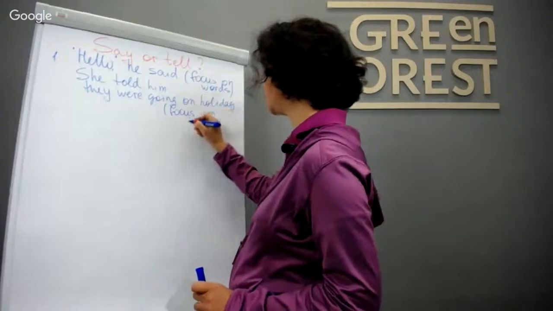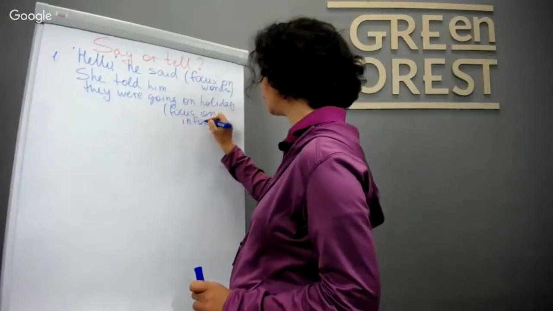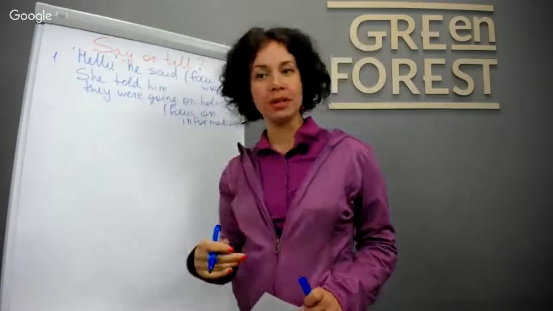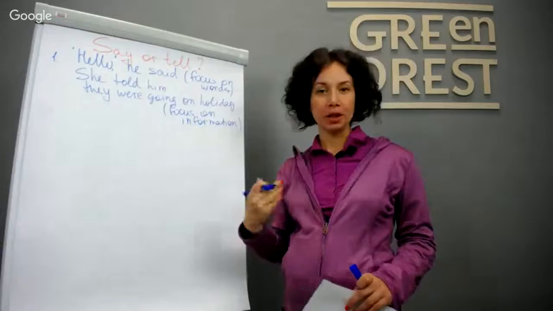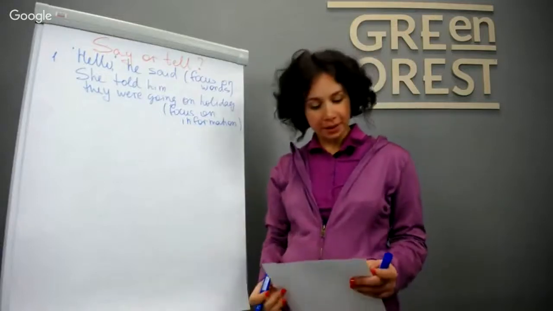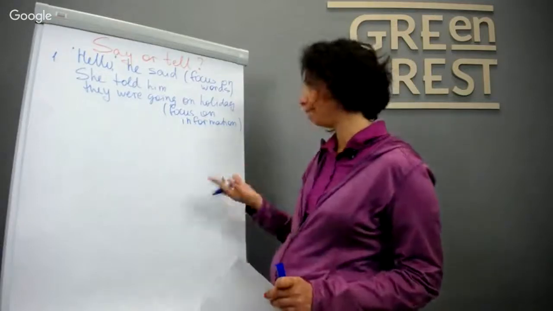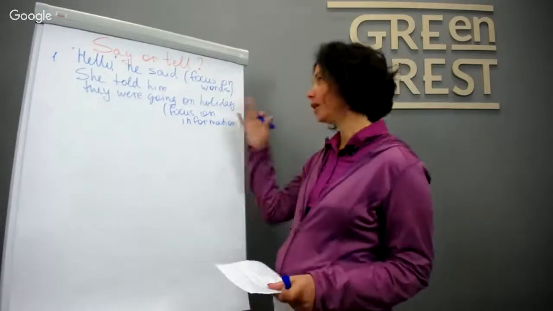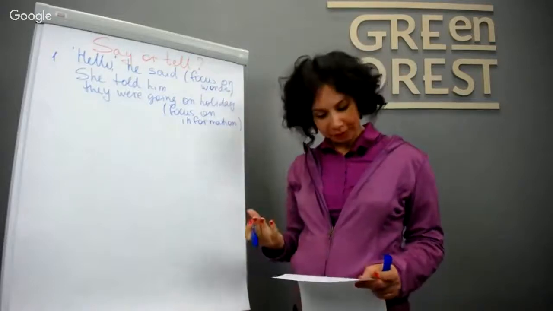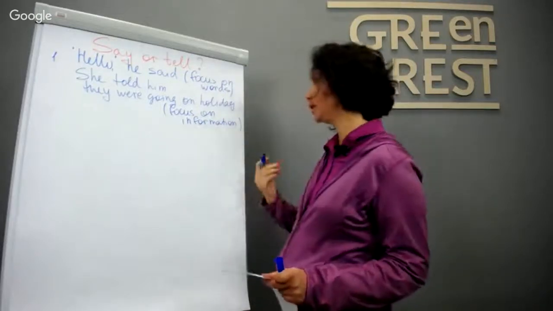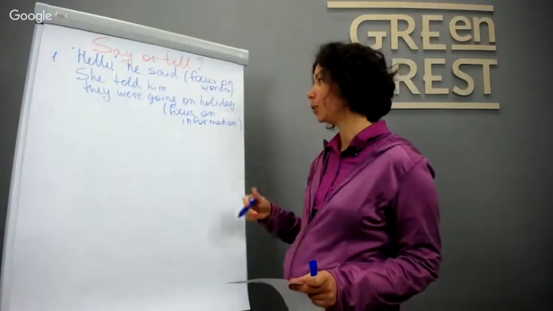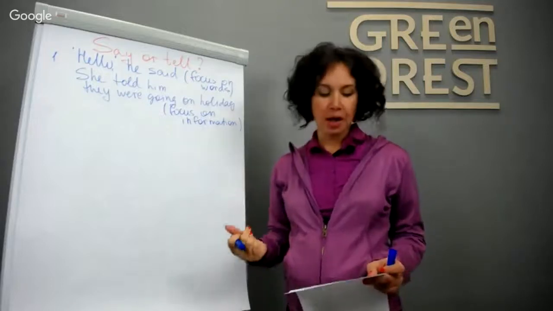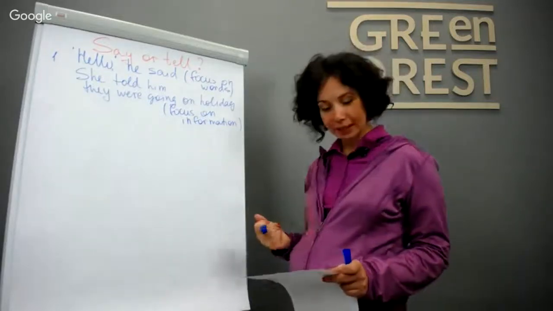Not exactly what the person said, but what kind of information he wanted to report. And in this case, we need to use tell. This is the main idea. So in reported speech, we use say when we want to focus on the words, and tell when we want to focus on the information, on the message, on the content of what someone said. Please keep it in mind.